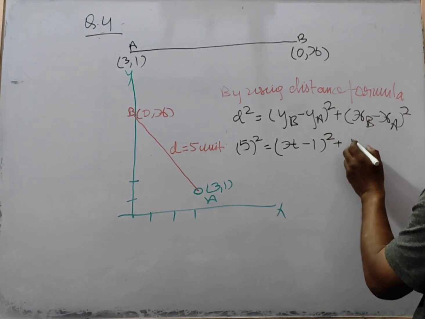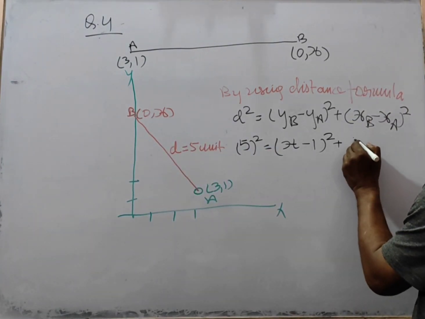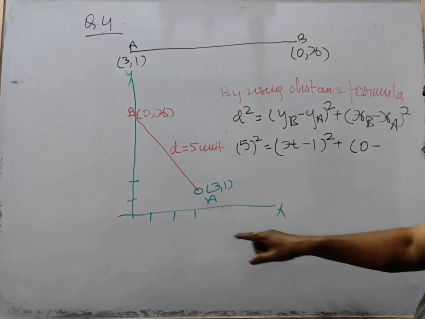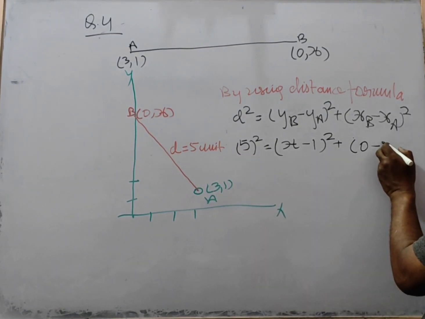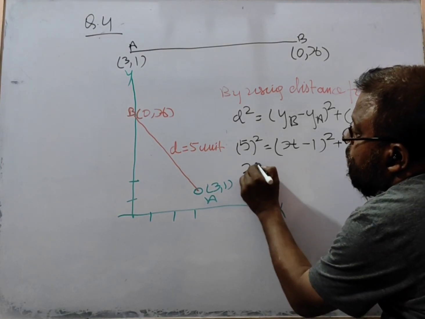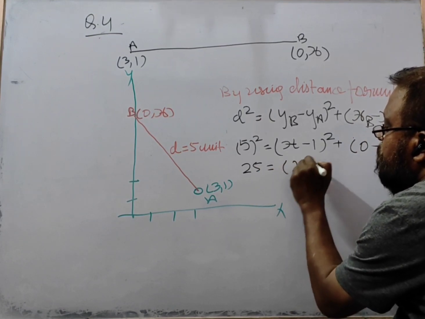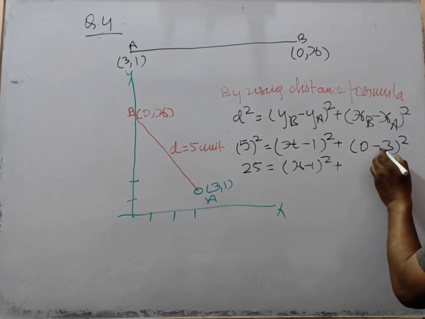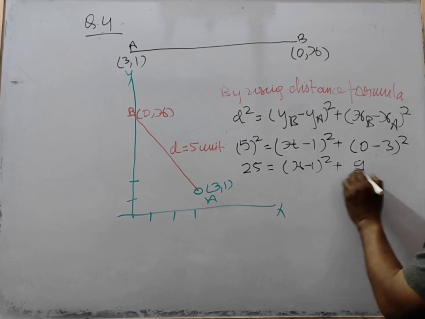xb minus xa. xb is 0, and xa is 3. So 0 minus 3 whole square. 5 square is 25 is equal to x minus 1 whole square plus 0 minus 3, which is minus 3 whole square, is 9. 9 will go on the other side.